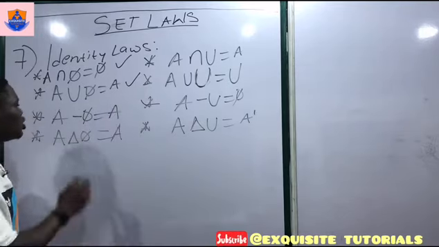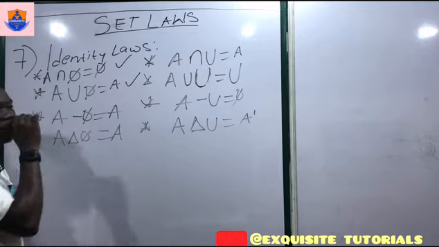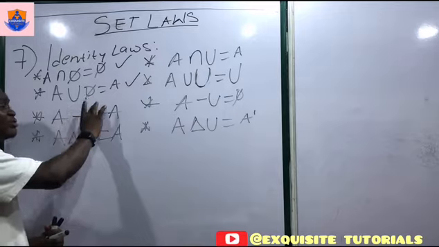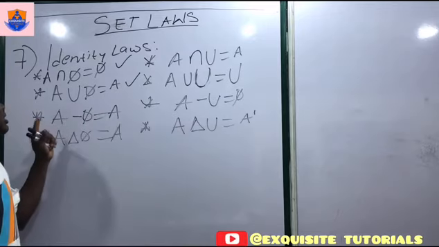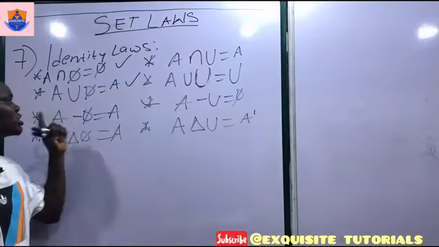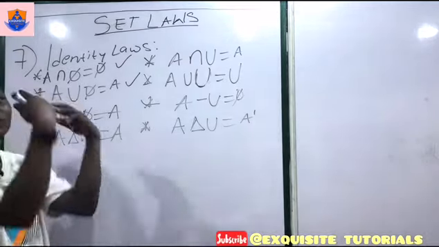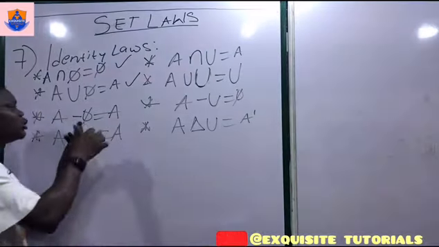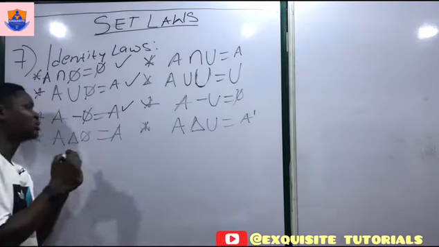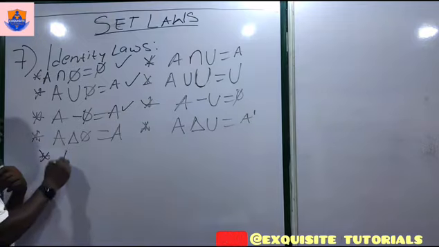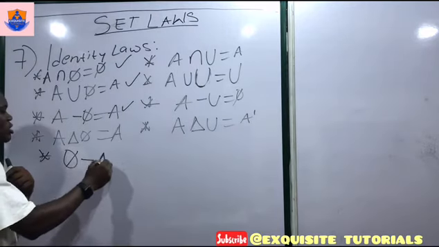Now, what about the symmetric difference of A and the empty set? The difference between A and the empty set are those elements that are in A but not in the empty set. The elements in A that are not in the empty set are actually still those elements in A. This has been verified. So what about those elements that are in the empty set but not in A?